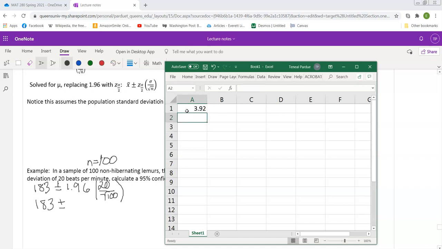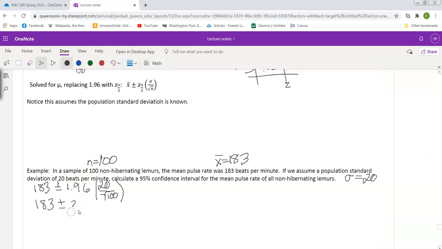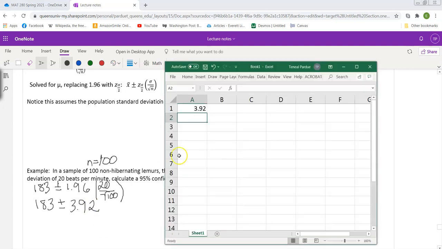That's 3.92. So 183 plus or minus 3.92. 183 minus 3.92 is 179.08.